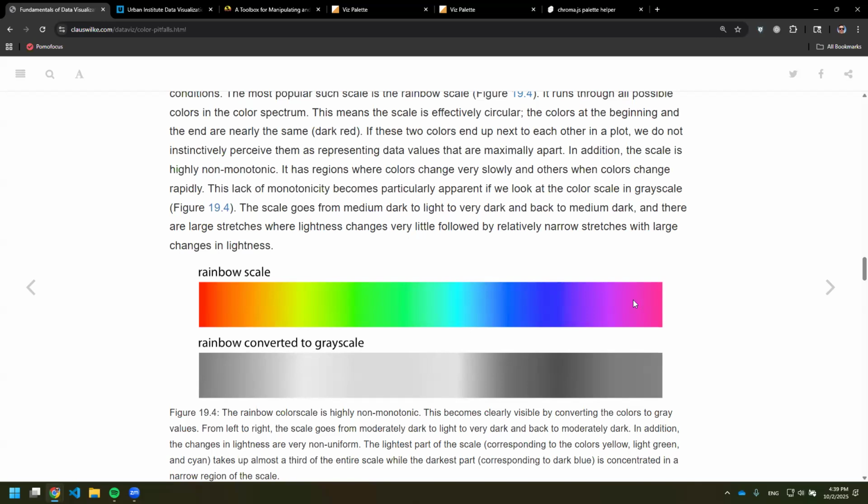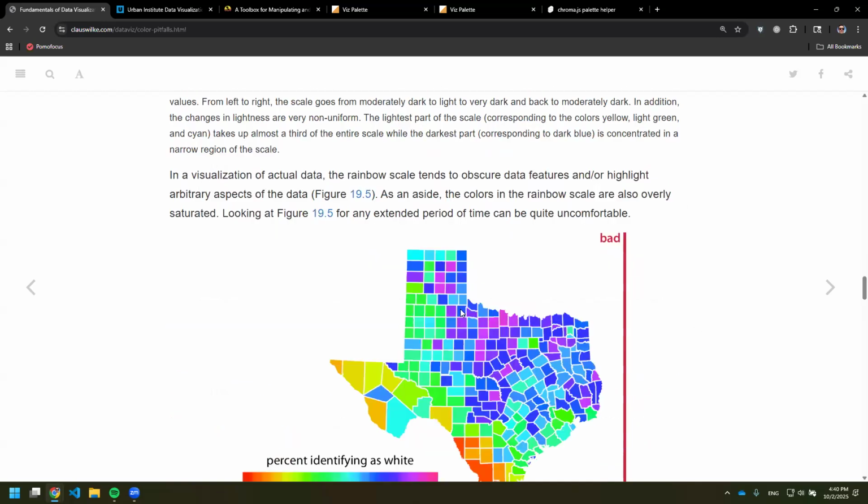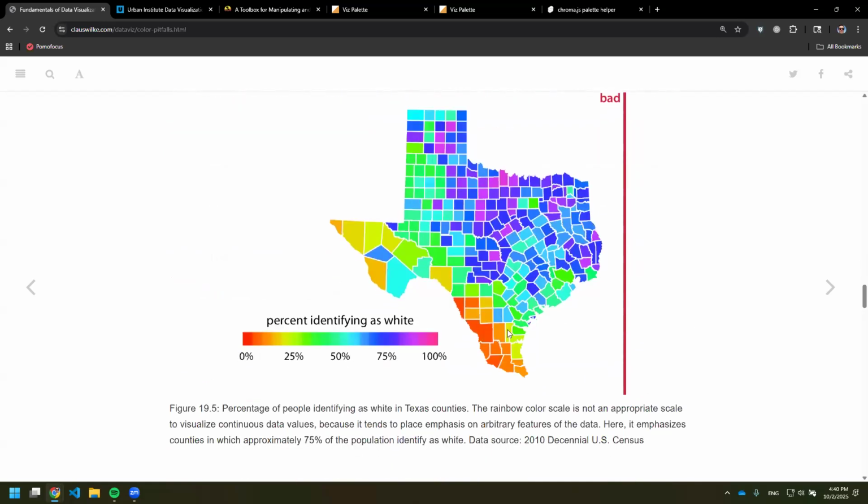So if I were to plot pink and green, I would be hard pressed to say which is bigger. There's nothing about the scale that tells me that one thing is bigger than the other. And even when you convert this same scale to grayscale, it doesn't give you any more information. Here's a case right here.